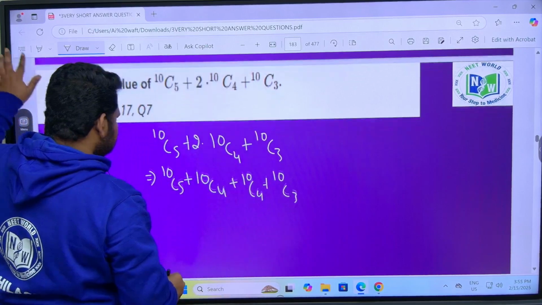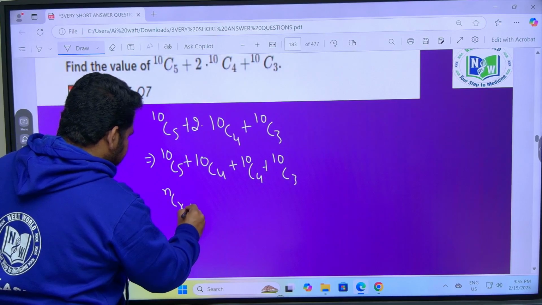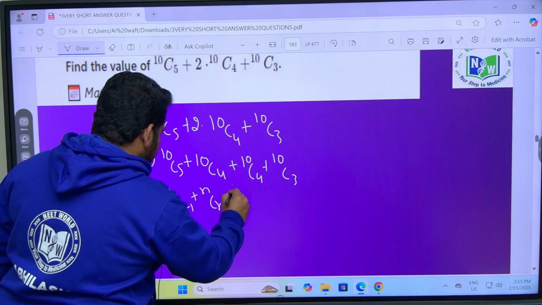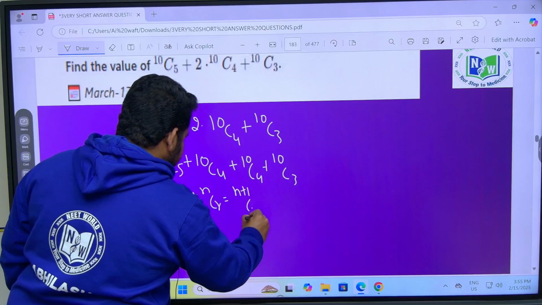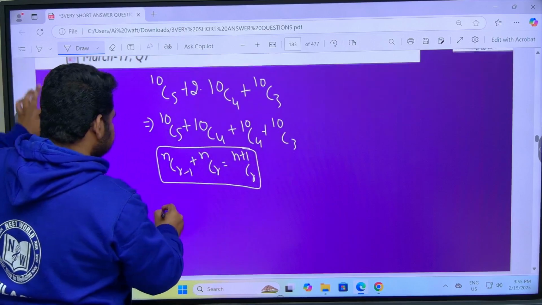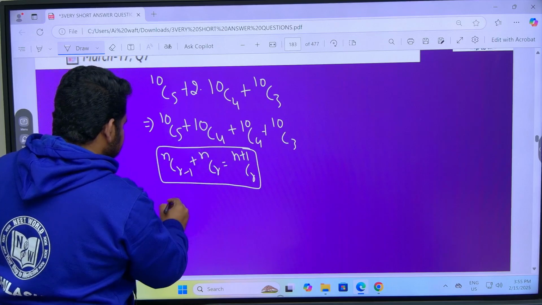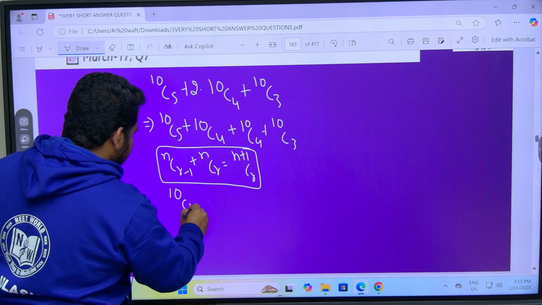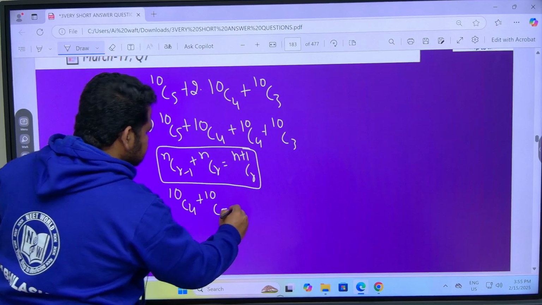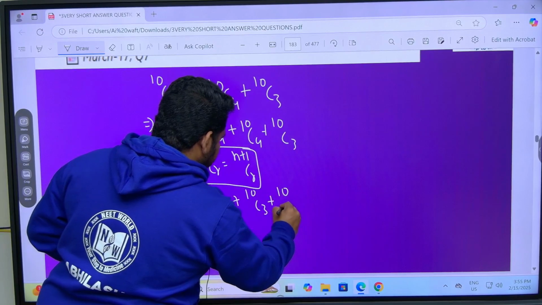Now, we know that nC(r minus 1) plus nCr is equal to (n plus 1)Cr. Correct? So using this, we can write it as follows. I'll rewrite it again: 10C4 plus 10C5, and 10C3 plus 10C4.